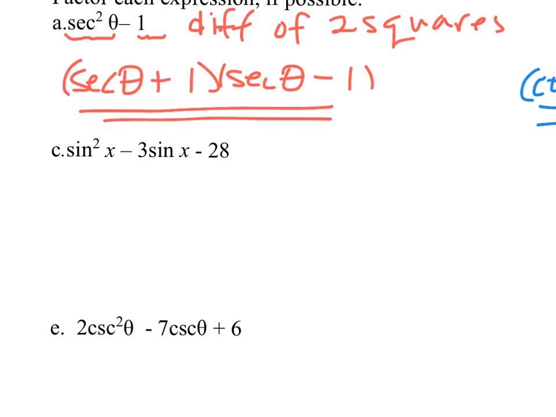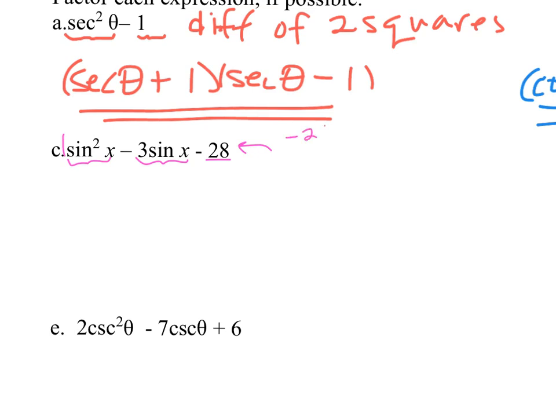The next one has 3 terms in this quadratic trig expression. Sine squared x minus 3 sine x minus 28. So think of this as our squared term, our bx term, and our constant at the end. Now there's no technical number in front of sine squared except for a 1. What we can do here then is split the c value to get that negative 3 b value in the middle.